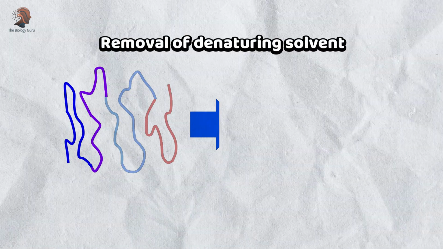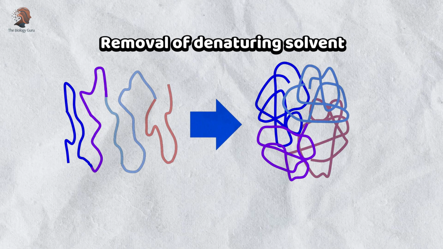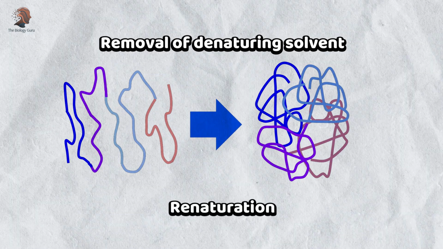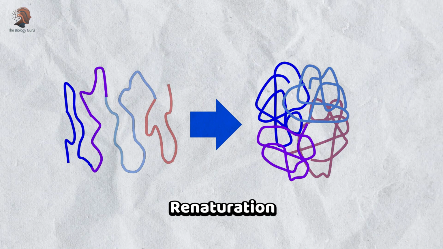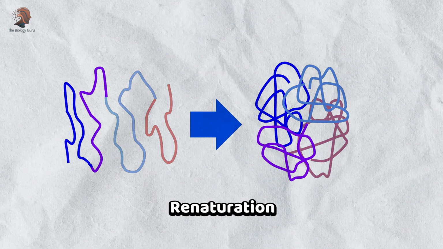Remarkably, when the denaturing solvent is removed, many proteins spontaneously refold or renature back to their original conformation. This demonstrates that the amino acid sequence itself contains all the information necessary for specifying the three-dimensional structure of a protein.